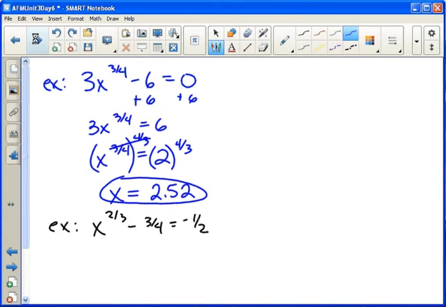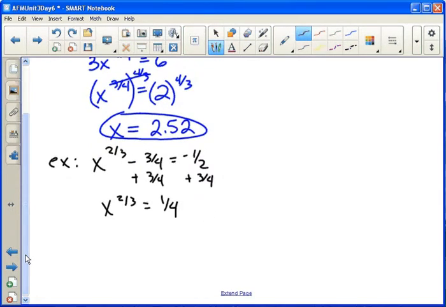Okay, next example, we have x to the 2/3 minus 3/4 equals negative 1/2. So I would add 3/4 to both sides. Okay, now just like with radicals, we wanted to get the radical by itself, we want to get this fractional exponent by itself. So now we've got it by itself.